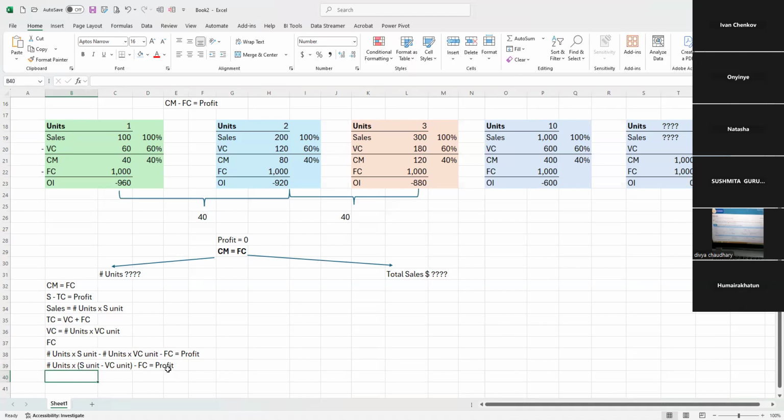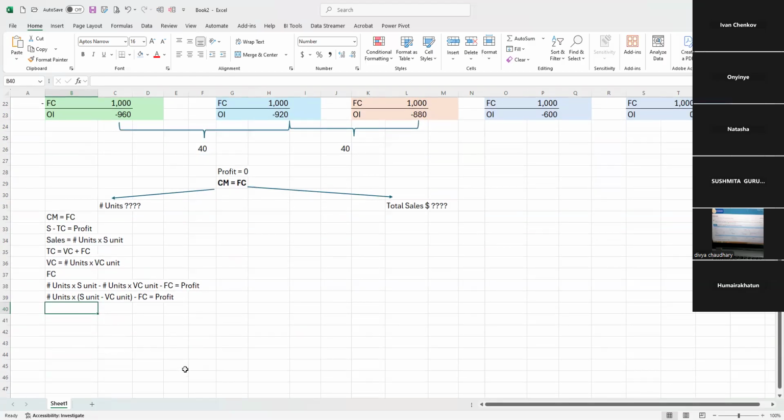But since we don't want profit, let's flip that fixed cost to the other side. And what we can see is my sales price per unit minus variable cost per unit, what's that going to give me?